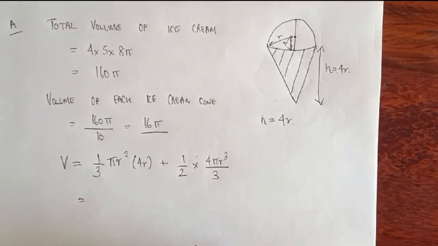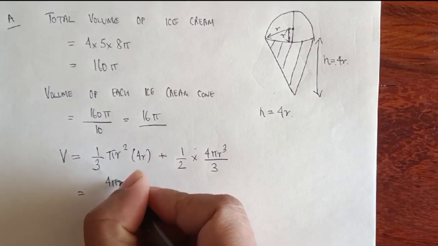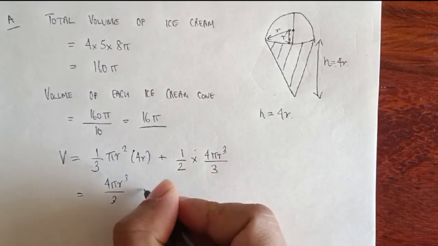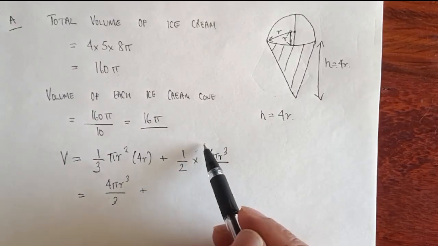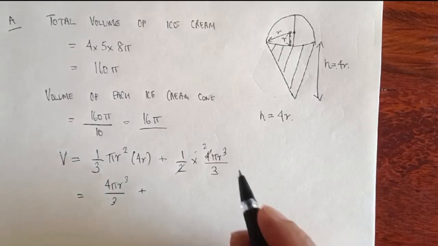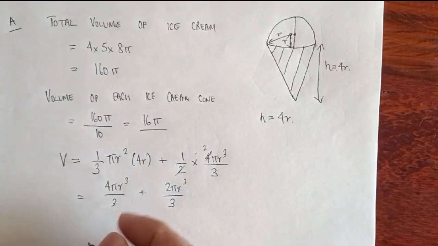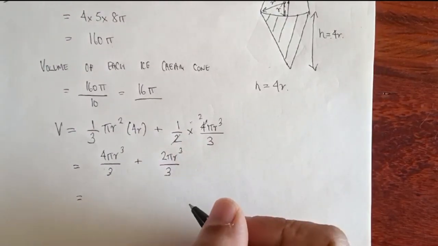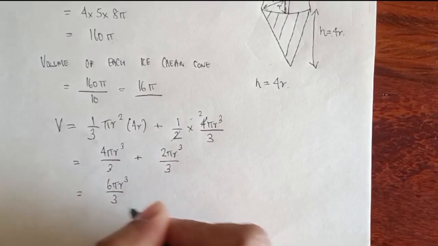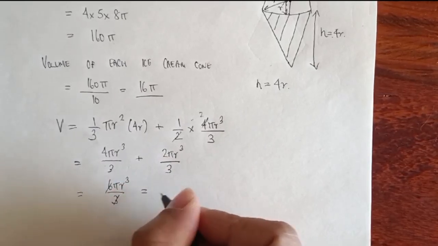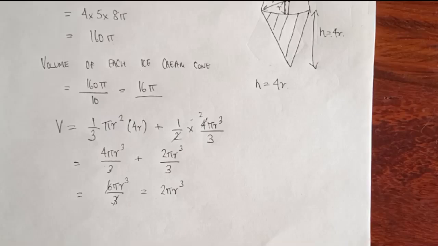This gives us 4 pi r cube by 3 plus, here we will cut this, so it comes 2, this is nothing, so that is 2 pi r cube by 3. Moving on, this gives us 6 pi r cube by 3. We cut this, this becomes 2 pi r cube, right?